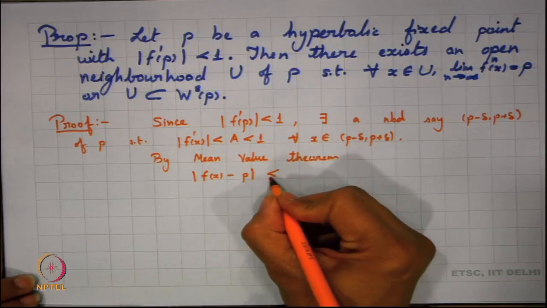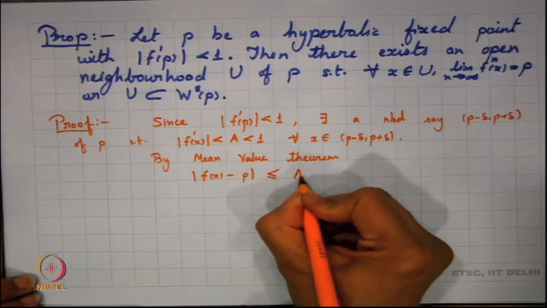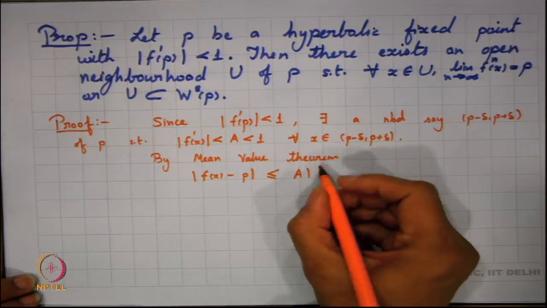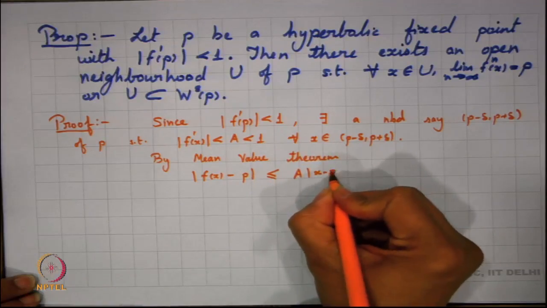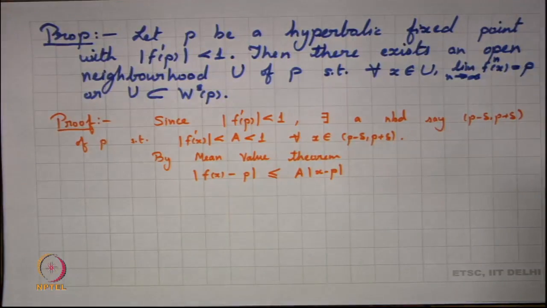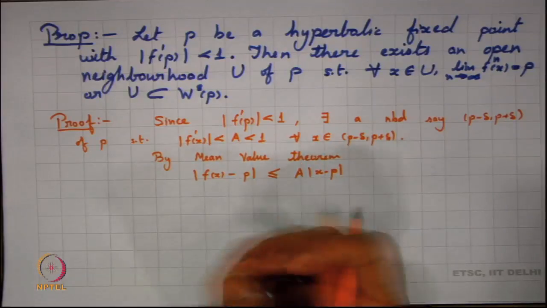this is less than or equal to a times mod of x minus p, because we will find something between x and p, and whatever we find between x and p, its derivative modulus will be less than a.